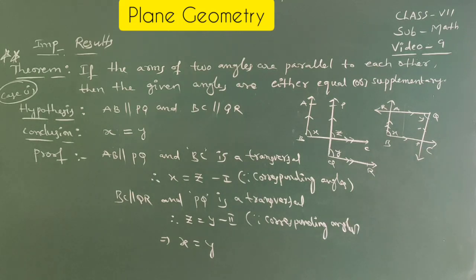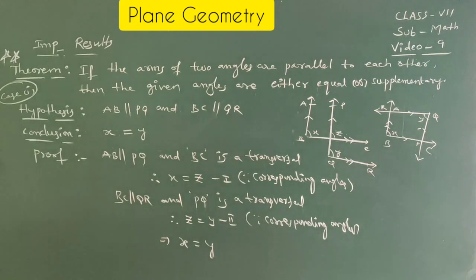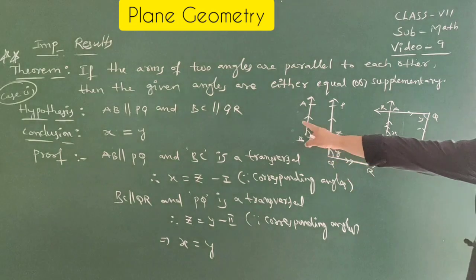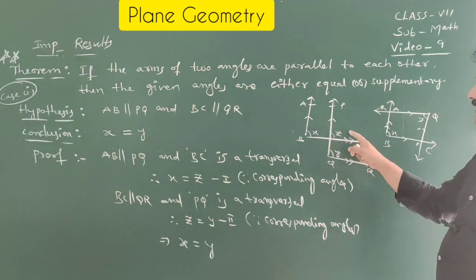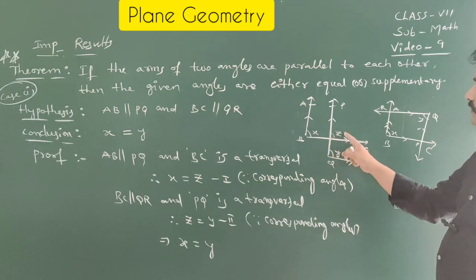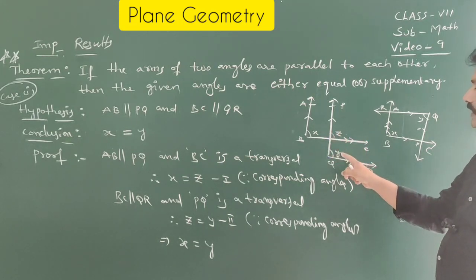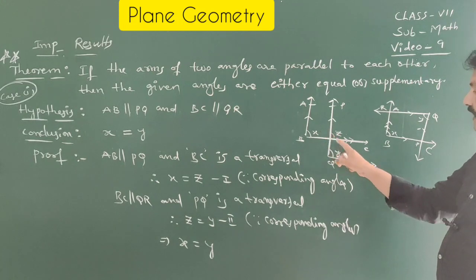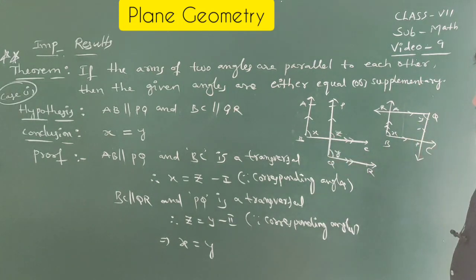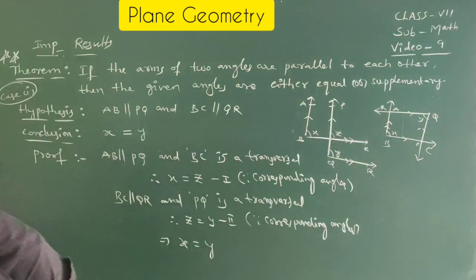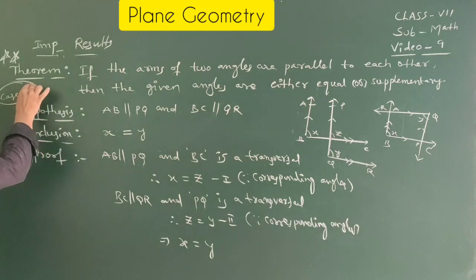Now we need to prove the second case. See the first case: AB, PQ, BC, QR, X, Z, Y. X equals Z and Y equals Z, so X and Y are equal. In this case, both angles are equal. Here also both angles are equal. That is the first case. Now coming to the second case.